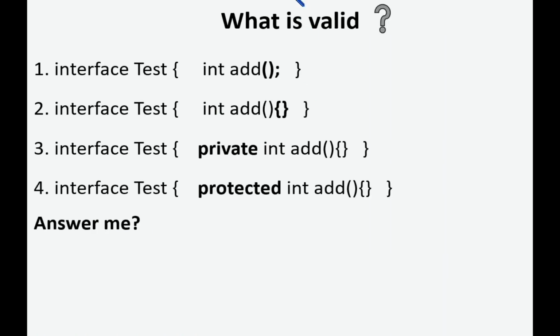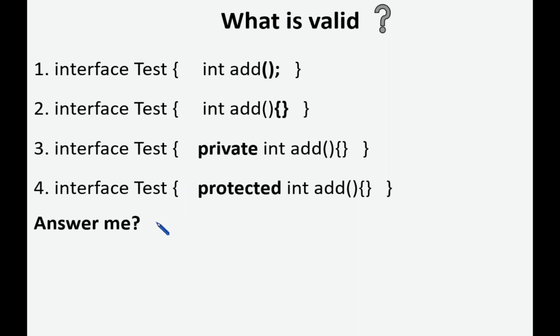Which is invalid here? First, interface test, which consists of a method int add, ending with a semicolon. Now in this interface we are giving an empty definition. In the case of interface 3 we are giving the private access specifier, and in option 4 we are using the access specifier protected.